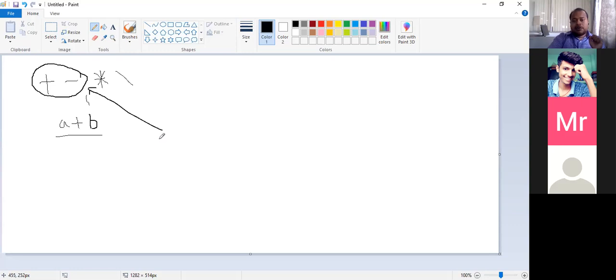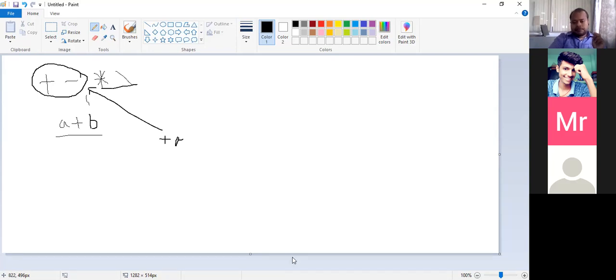Plus and minus represent positive or negative. So plus and minus, that means addition and subtraction, are both unary and binary, according to their use. But multiplication and division are always binary.